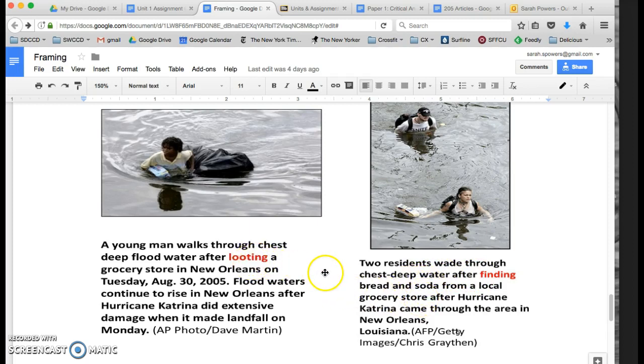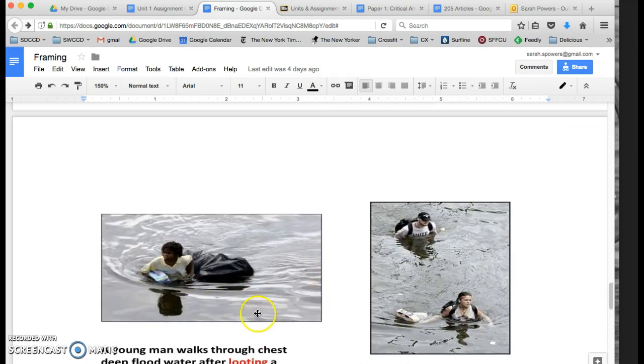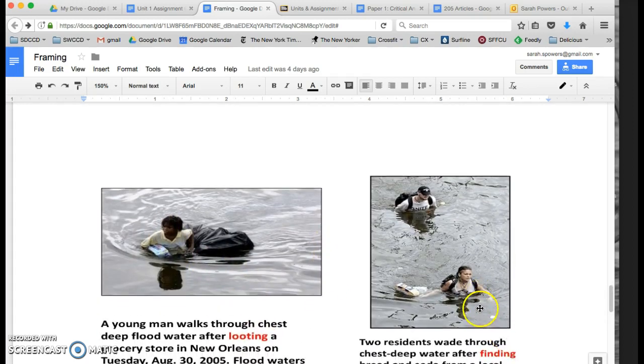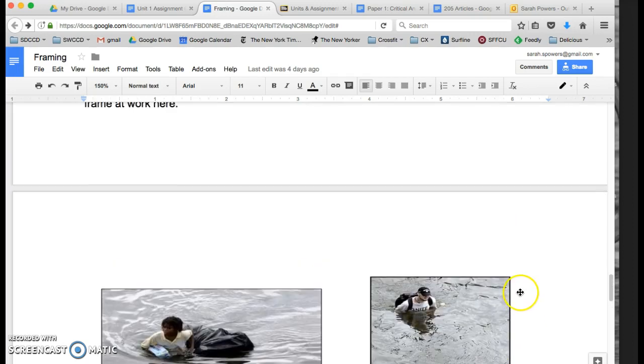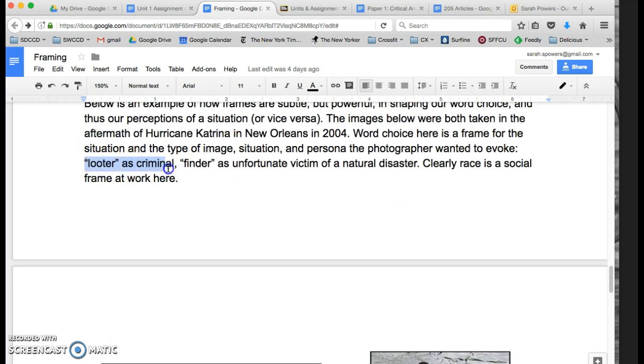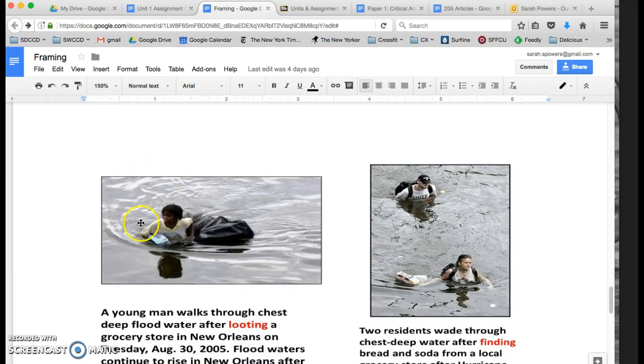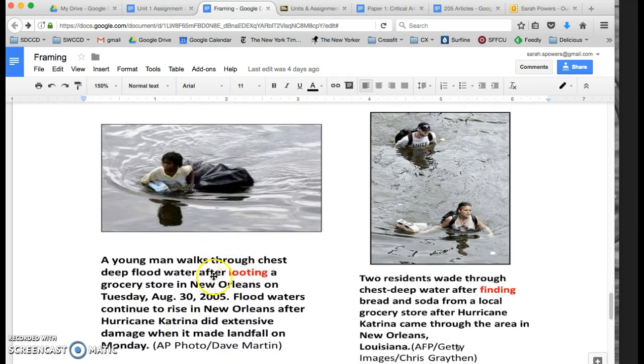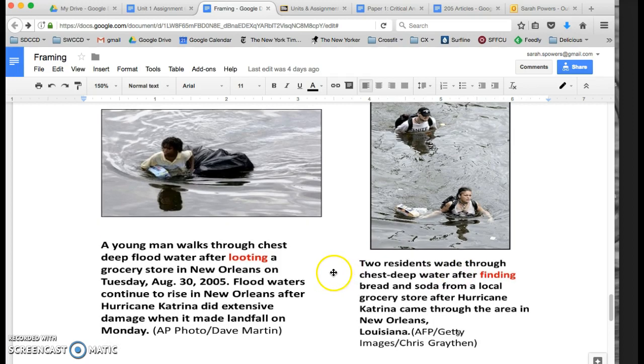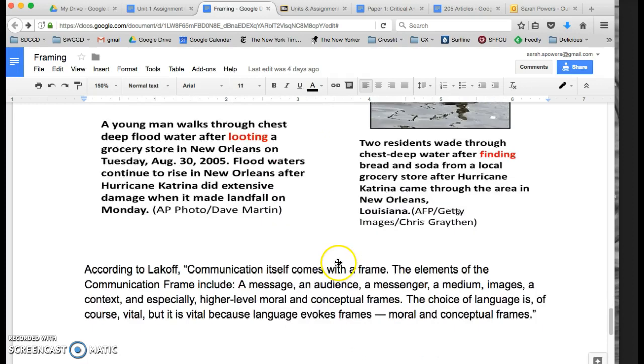So we can think about that word choice as a social frame of who loots and who finds. Looter as criminal, finder as an unfortunate victim, and obviously race is a social frame at work here. In this social frame, whether conscious or not, the photographer decided that black people loot, white people are the victims who find. And hopefully we all understand the racially charged innuendo here.